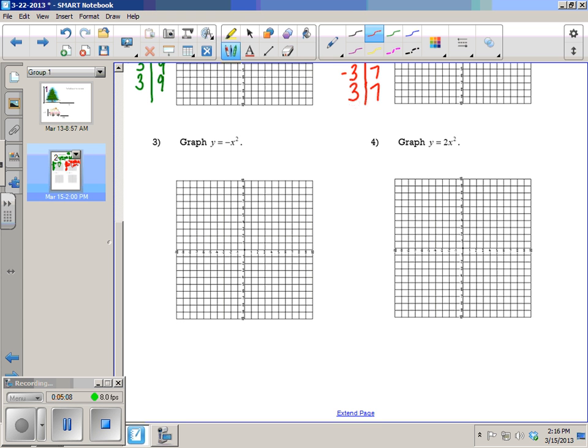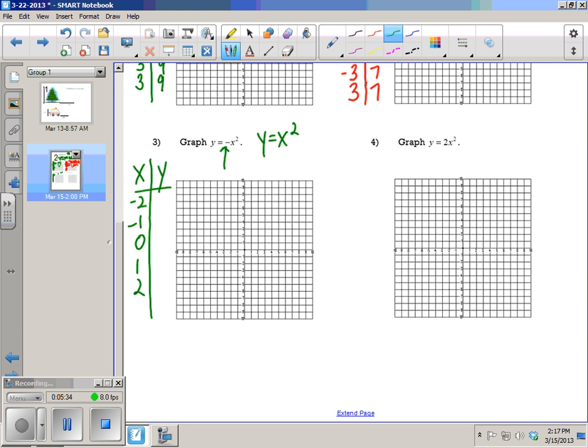Example number 3 is the graph of y equals negative x squared. So what do you think this negative will do, compared to example number 1 of y equals x squared? Well, let's make a table of values. Negative 2, negative 1, 0, 1, 2. Basically what you're doing is taking all of that squared and then making it a negative.